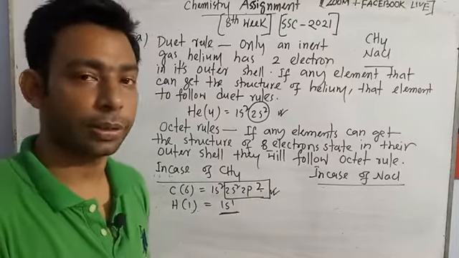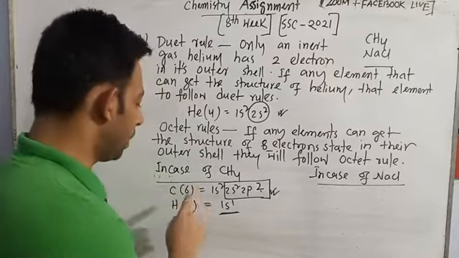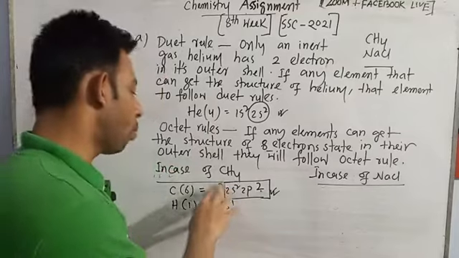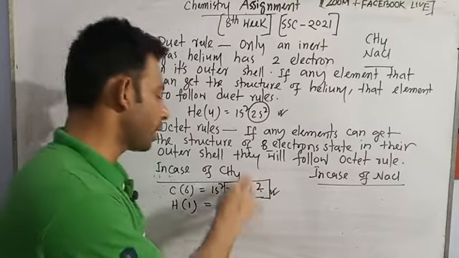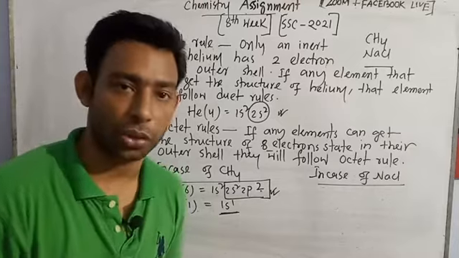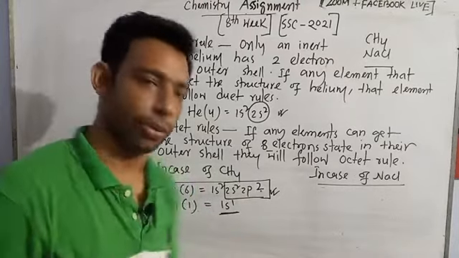Hydrogen has only 1 electron and carbon has 4 electrons. So one hydrogen cannot share with the 4 outer shell electrons of carbon and cannot get any structure. So carbon says, yes, 4 hydrogens come, I will share with you.